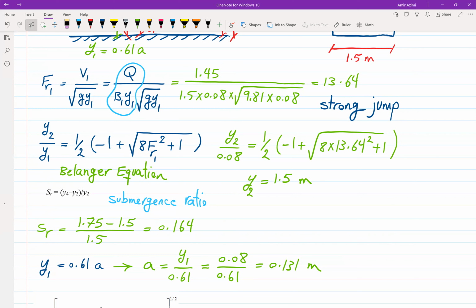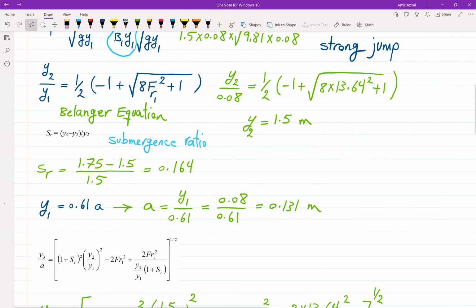The degree of submergence starts from 0 when you have free flow condition, and it can go up to a higher value when you have a highly submerged condition. For example, if the tailwater level is 5 meter, then the value of submergence ratio can go up, and it can be larger than 1.